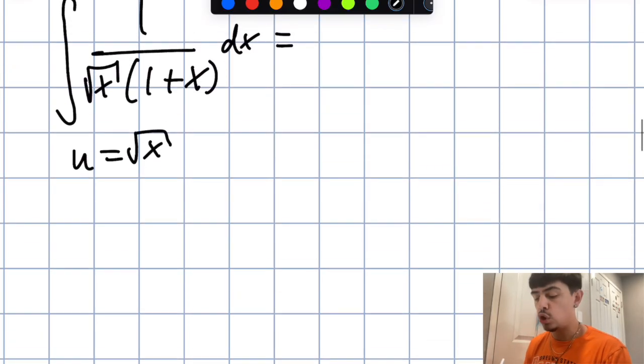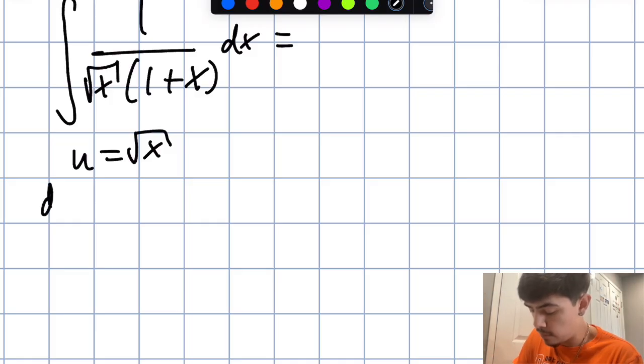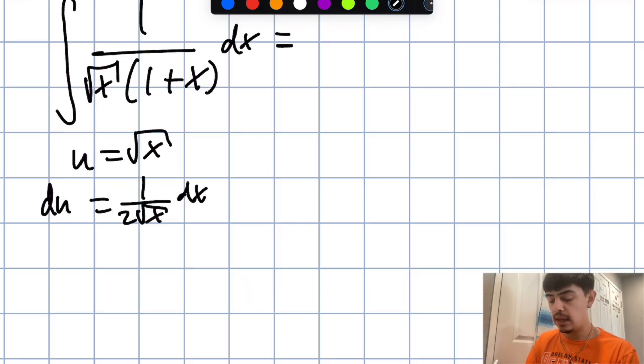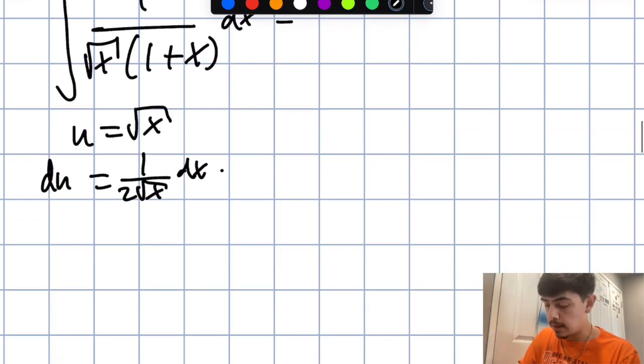So now that we made a choice of u sub as the square root of x, next step, take the derivative of both sides. Remember, derivative, it's a table derivative. It's just 1 over 2 square root x dx, right? Remember, next step, get the dx by itself, meaning multiplying both sides by 2 square root x.